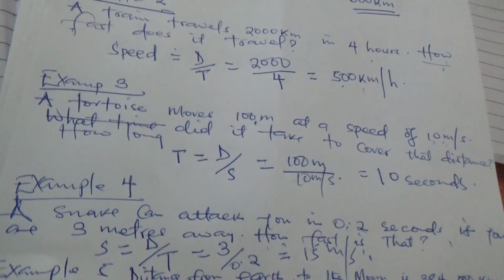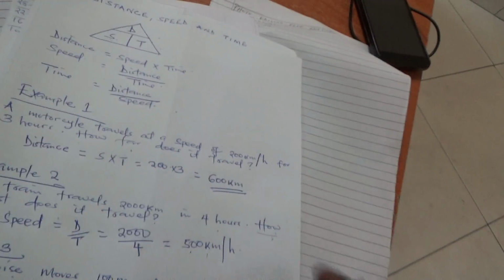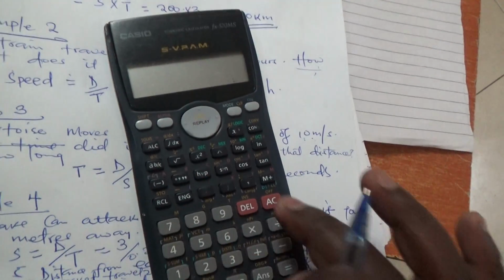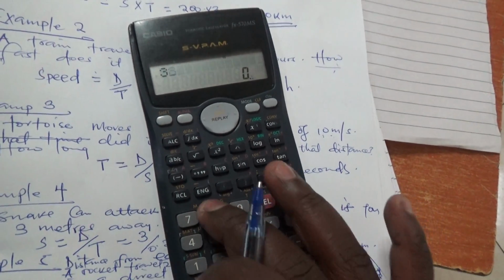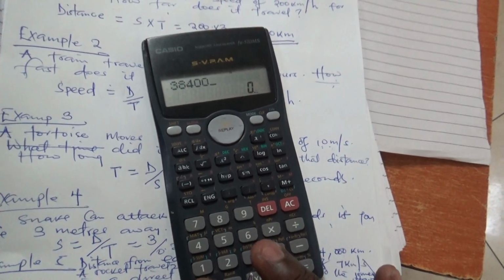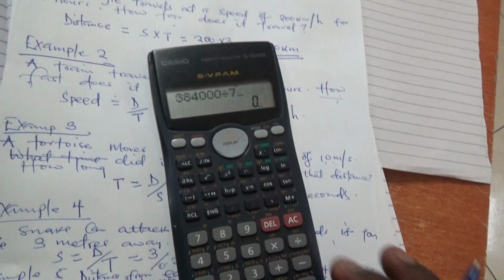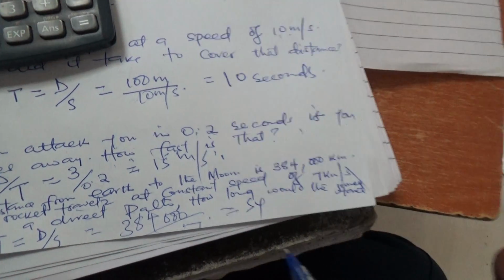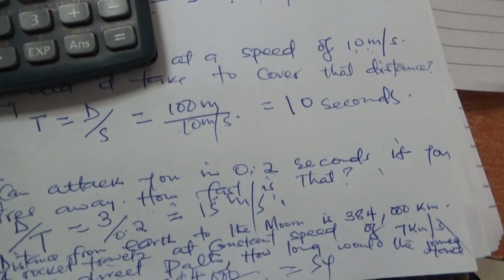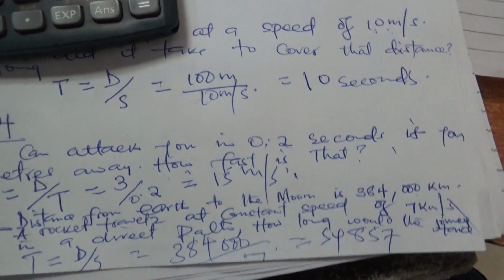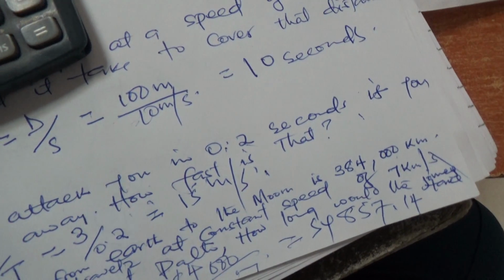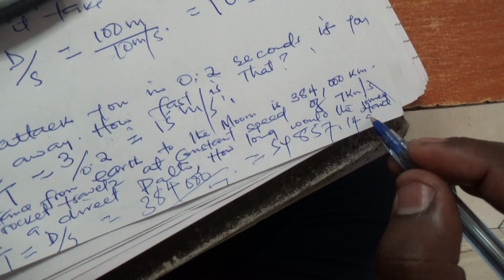I'm looking for my calculator and I cannot find it. So it is going to be 384,000 divided by 7, which is going to be 54,857.14 seconds.